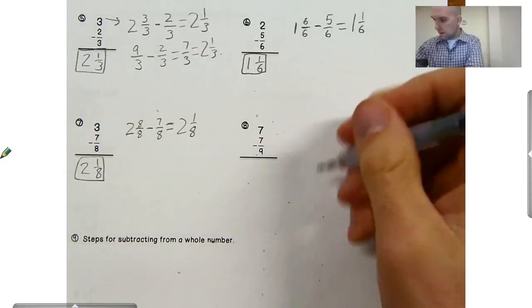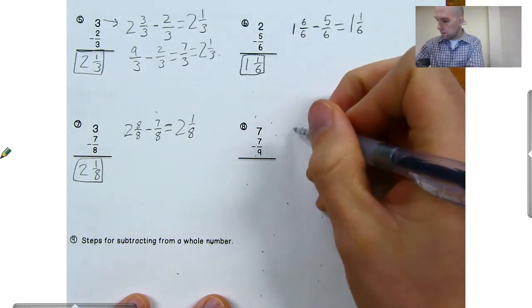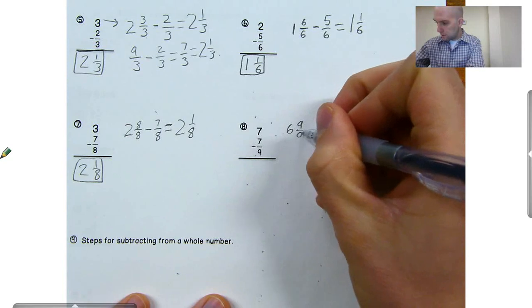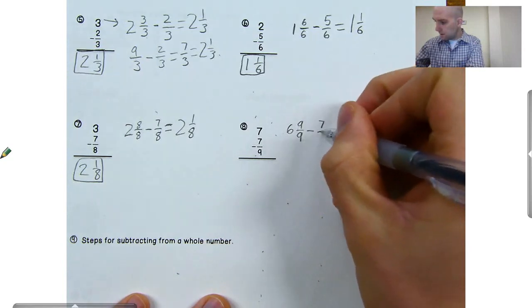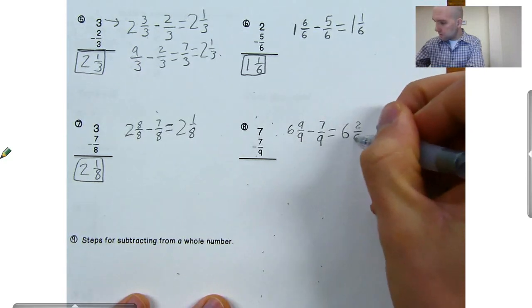And lastly, we have 7 minus 7 ninths. So we have 6 and 9 ninths minus 7 ninths equals 6 and 2 ninths.